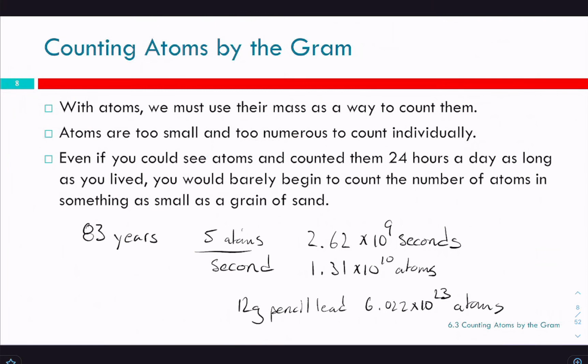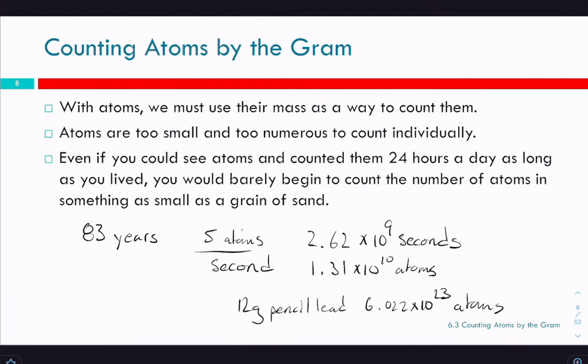So if you had 6.022 e to the 23 divided by 12. Yeah, so 1 gram of pencil lead would be 5 times 10 to the 22. So that's not half. You wouldn't count half of them. You would count about 10 to the 10, that's just over a billion.